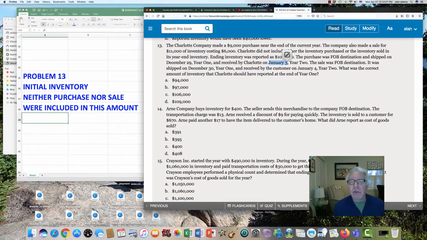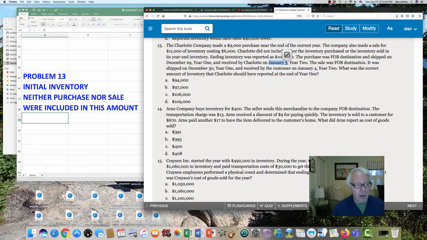Well, who owns it? The seller sent it to us, FOB destination. That means until we receive it and unload it and sign for it, they own it the entire time it's on the truck. Should it be in our inventory? No, we don't own it. We don't own it until January 3rd, okay? Because it's FOB destination. The terms make all the difference.